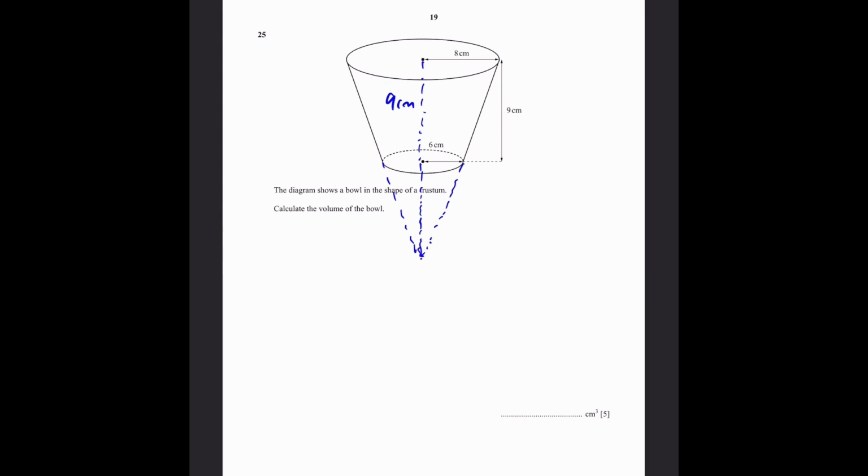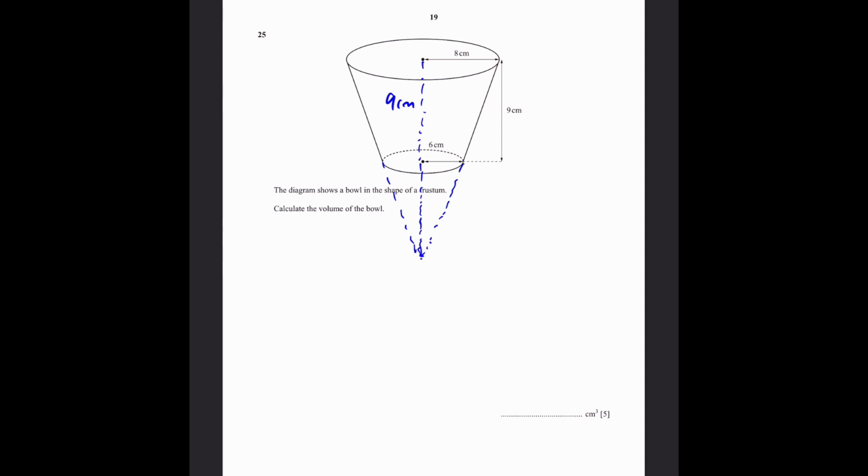If two angles are the same, the third one is obviously going to be the same. So these two triangles are similar triangles.